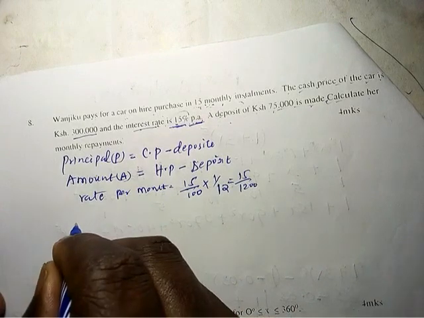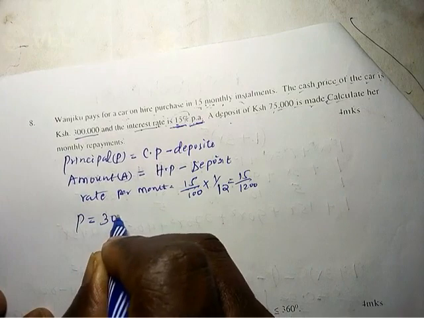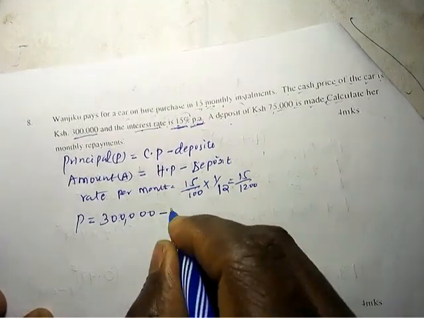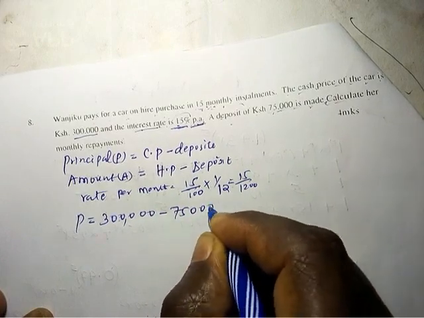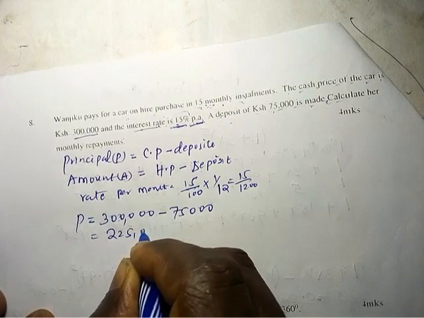So now our principal is going to be cash price, which is 300,000, minus deposit, which is 75,000. So our principal is going to be 225,000.